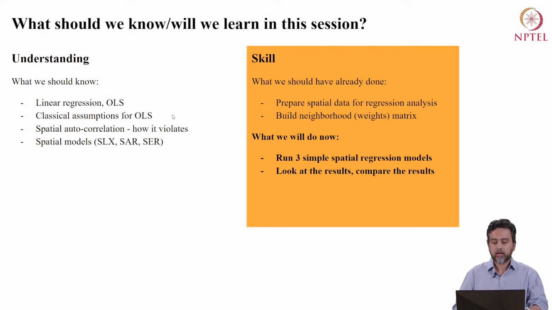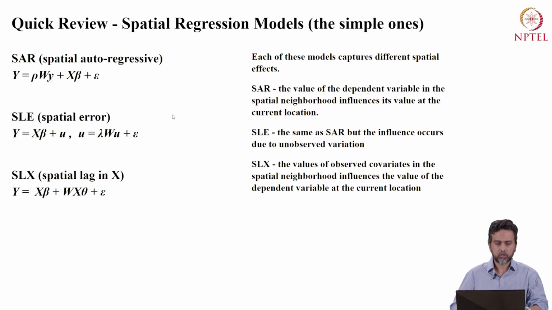Once we've done that, we will today start to actually run the spatial regression models using R, and then we will look at the results and try and compare what are the differences between the results when we run different models.